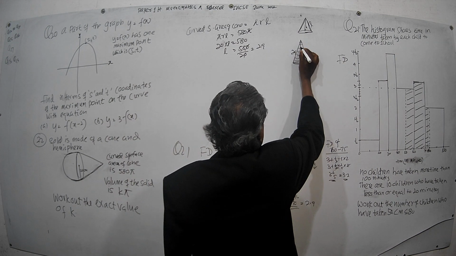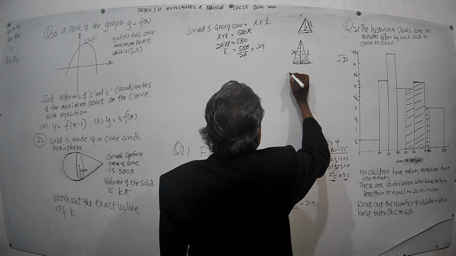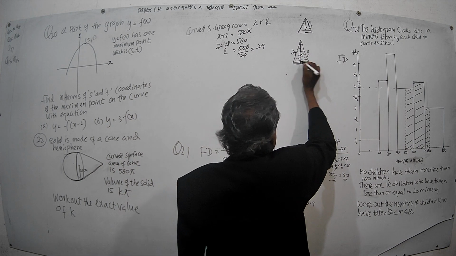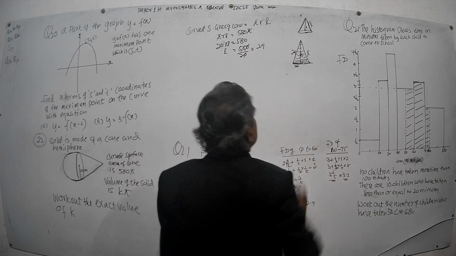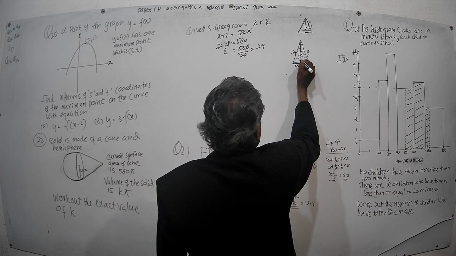Then we have to calculate the height. This radius will be 20, and using these two, this is a right angle triangle.